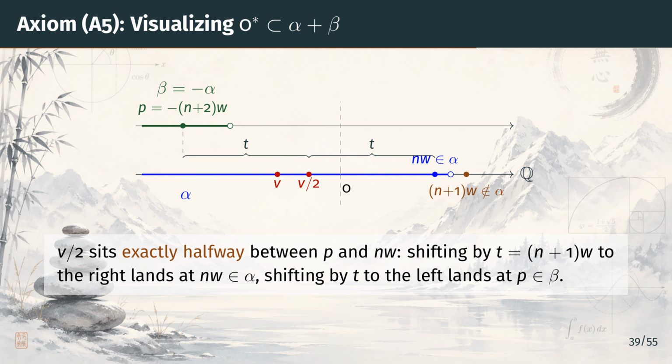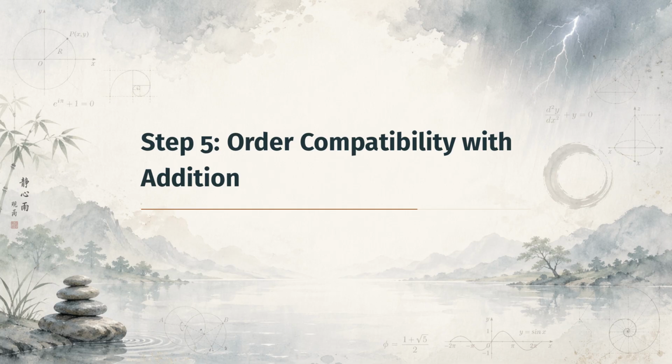Adding these two pieces recovers the target V, so V has been exhibited as the sum of something in alpha and something in beta, exactly what we needed.